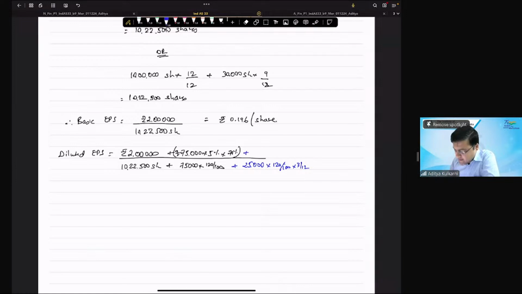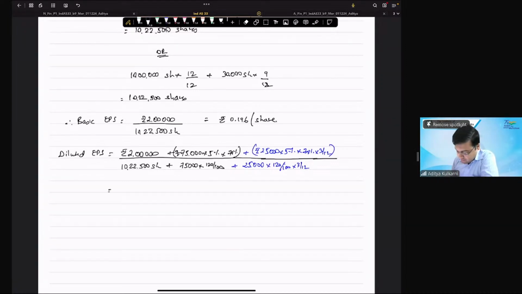Plus, now for this dilution, interest is going to be calculated. 25,000 into 5% into 70% into 3 by 12. Is it okay?